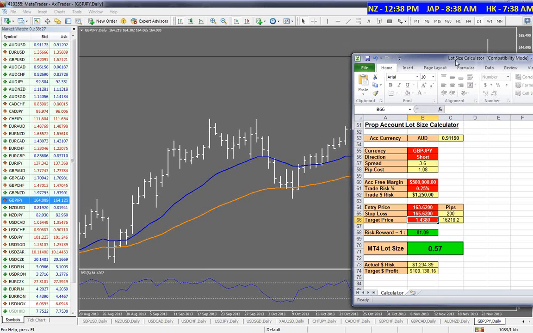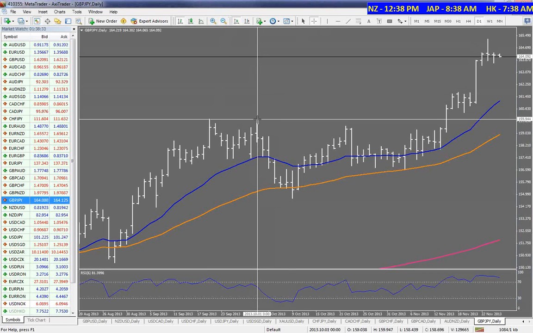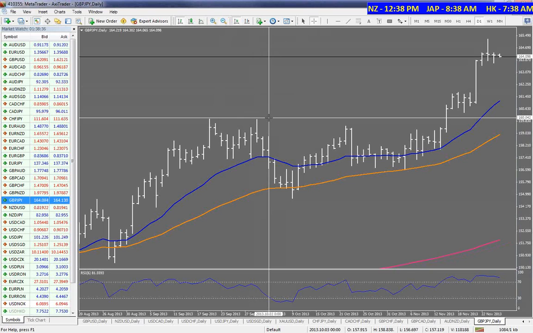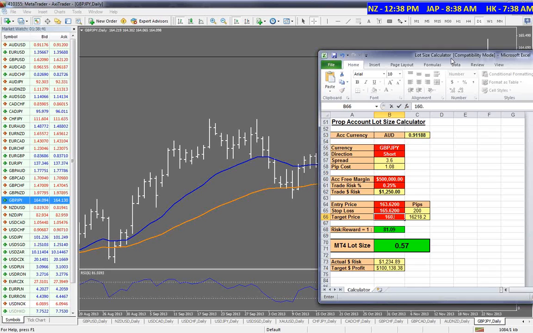Target. I think one gentleman who's had this targeted that, which I think is a fair call. Let's just call it 160.05. It's better than 1.5, so that's okay.